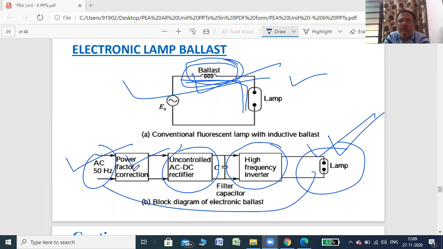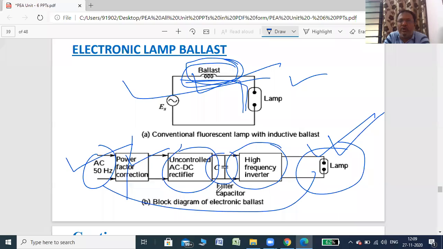Okay, so this circuit's first part is power factor correction. The power factor of the input source current is very poor, so power factor correction is required. Then the AC to DC converter, that is the conversion of your 50 hertz AC to DC. Then a filter, which removes any high peak voltage or EMI interference.